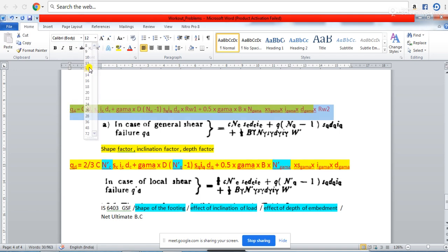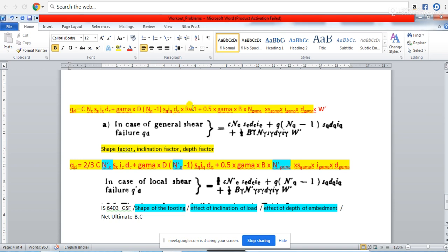This RW2 factor, whatever you see, is actually W dash. So basically RW2 is replaced by W dash.